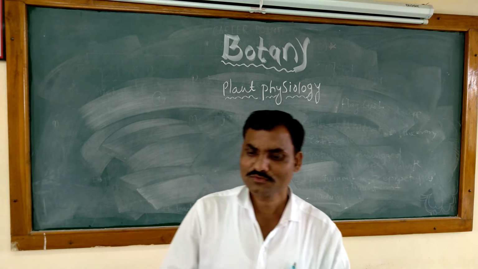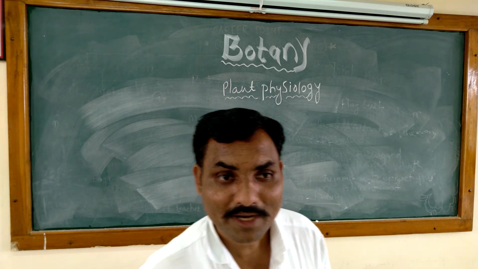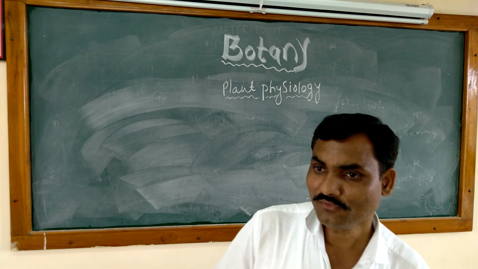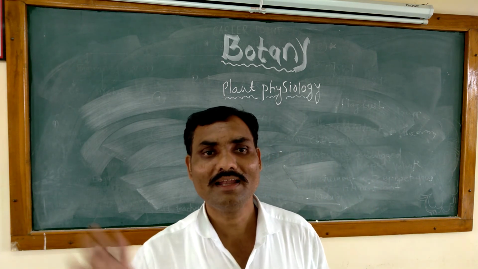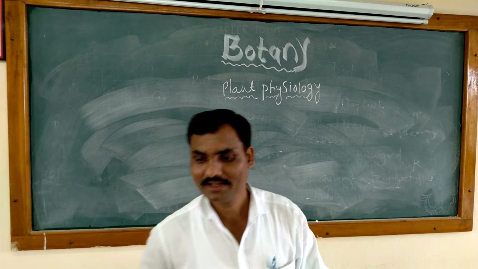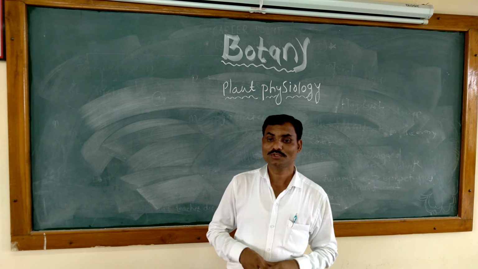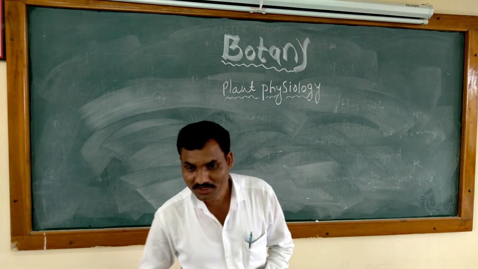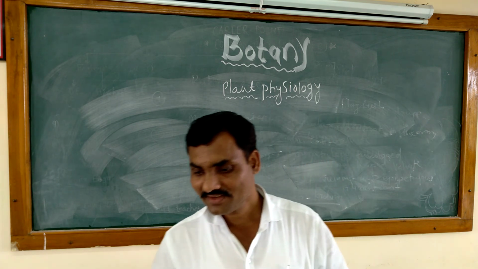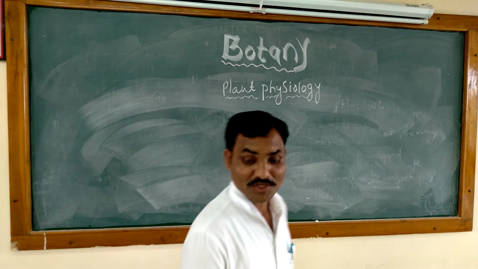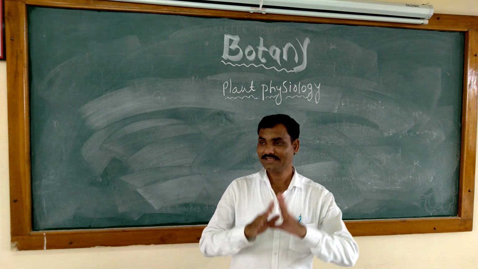Then plant physiology has scope in molecular biology also. We know that. What is molecular biology? The study of living things at the cellular level, at the molecular level. That is called molecular biology. Tissue culture: to understand the exact physiological phenomena of growth and development. Without understanding the exact physiology of plants, cells, tissues and organs, no tissue culture work is possible.